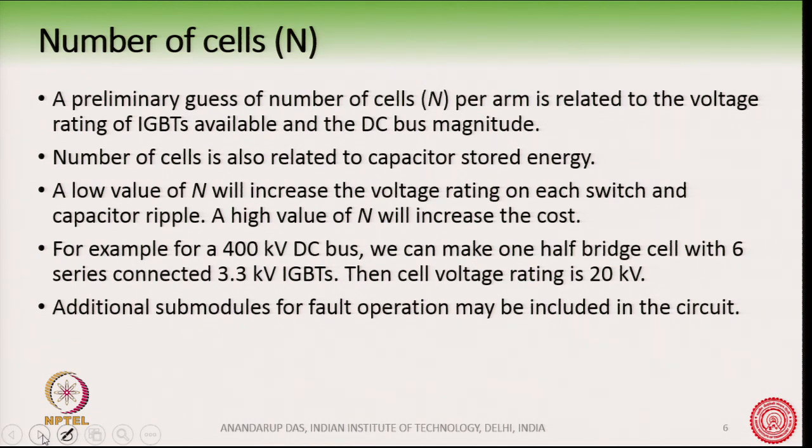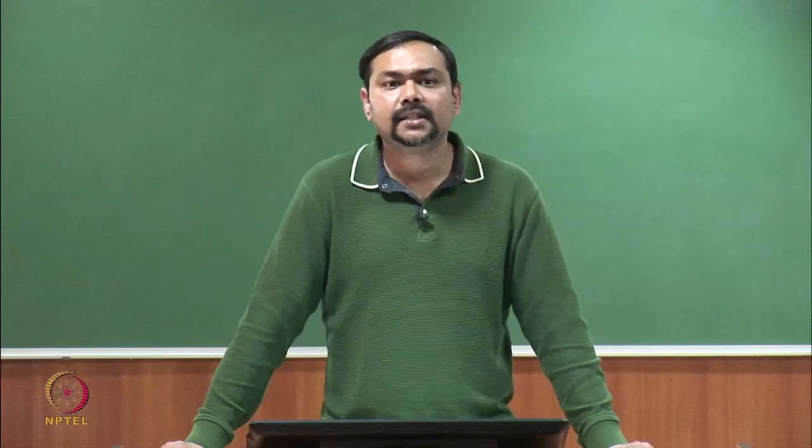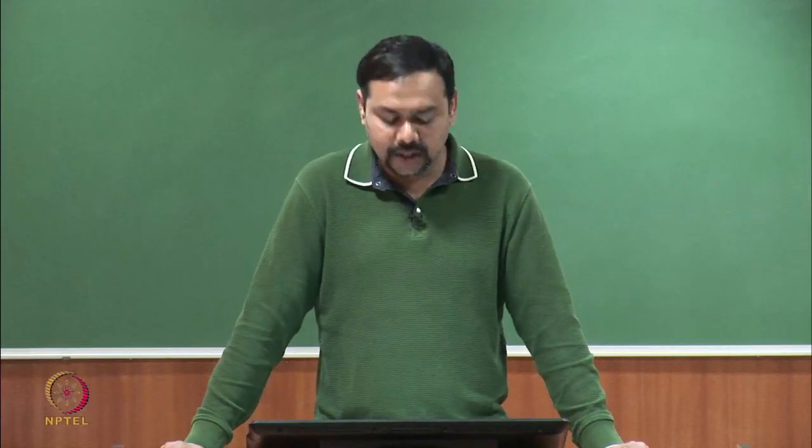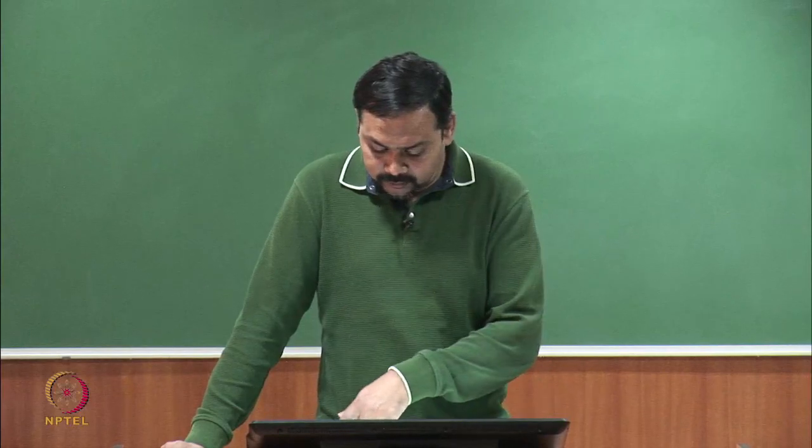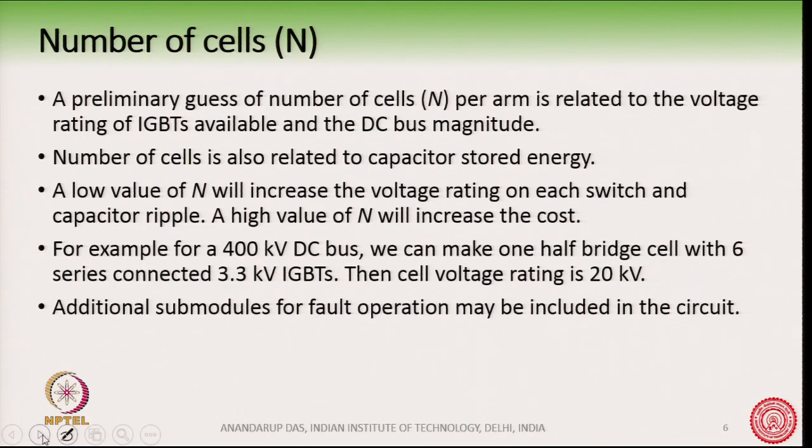For example, for a 400 kV DC bus, we can make one half bridge cell using many series connected IGBTs as a single switch. You can make one half bridge with 6 series connected 3.3 kV IGBTs, then the cell voltage rating becomes 20 kV.